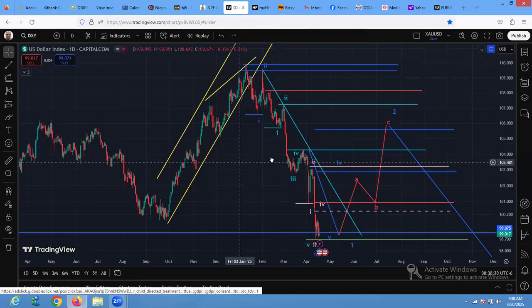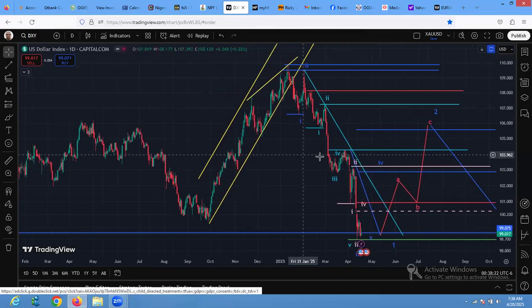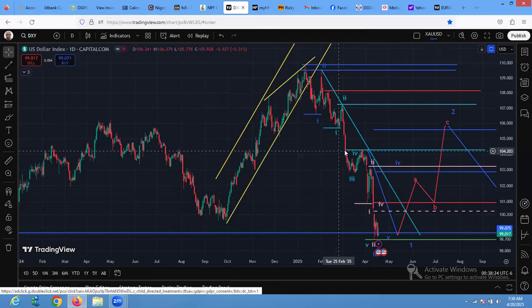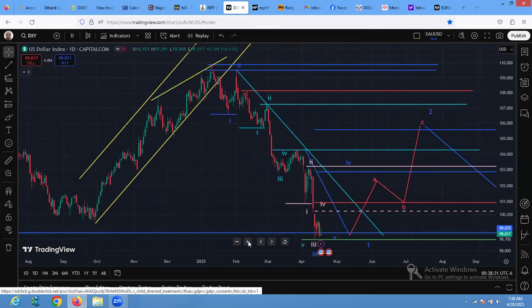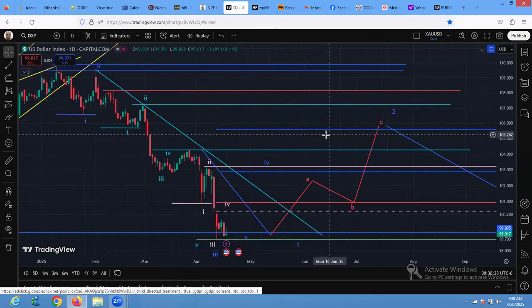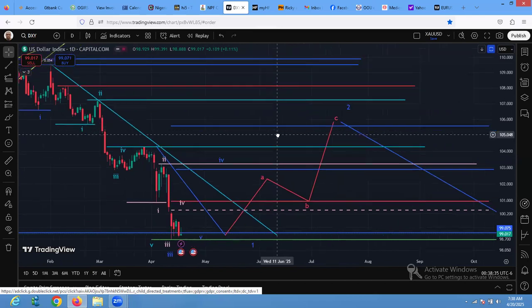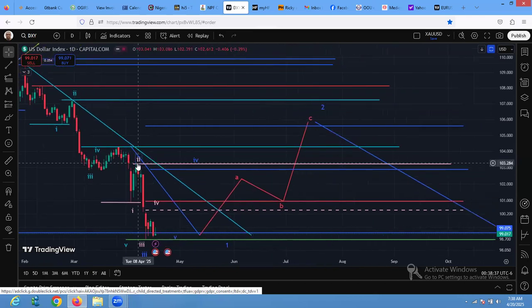The approach that you are going to use is this. Let me try to zoom out. The best approach is to see how price will break out of this wave 3, because this is wave 1 in the pink, wave 2.